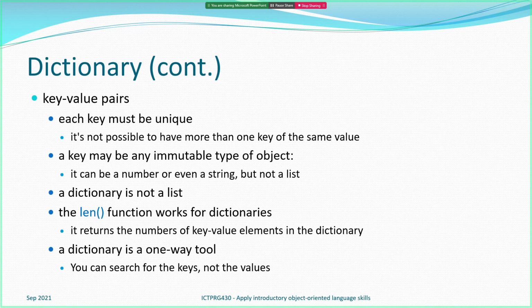Again, you can get an index. So you can pull out the length. But remember, this is a dictionary, not a list. So it's basically a one-way tool. You can search for the keys, but not for the individual values stored in the key pair.